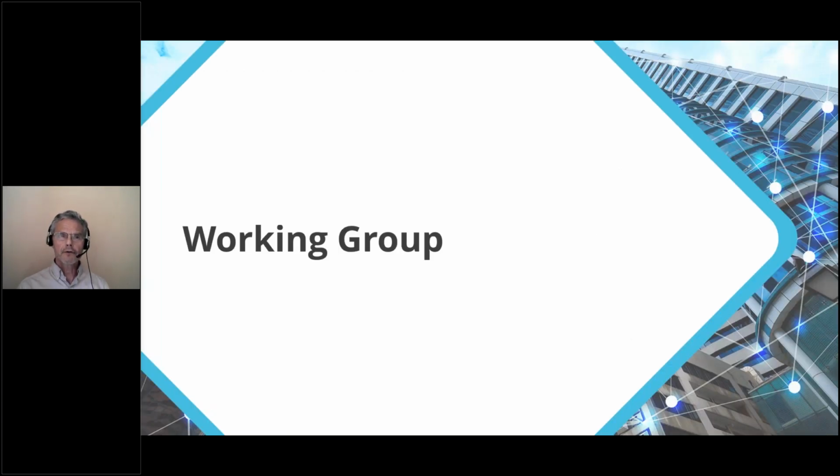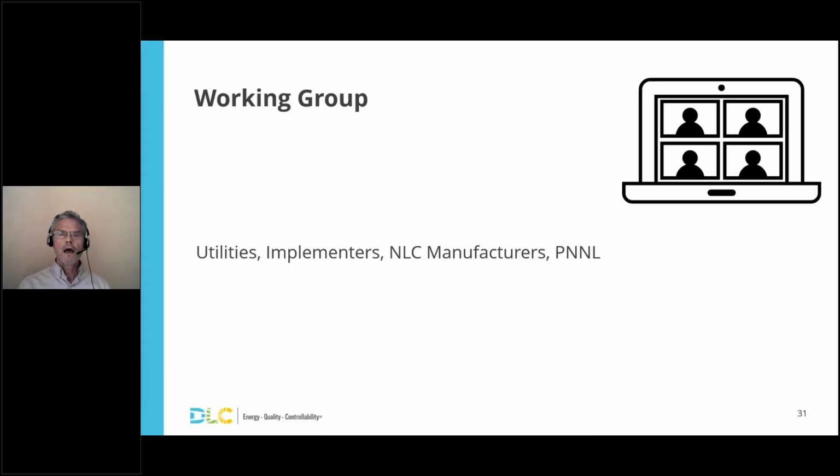In order to make progress on energy reporting, in addition to those new standards, the DLC convened a working group on energy reporting in the fall of 2021. The working group included representatives from utilities, efficiency program implementers, network lighting control manufacturers, and the Pacific Northwest National Lab.